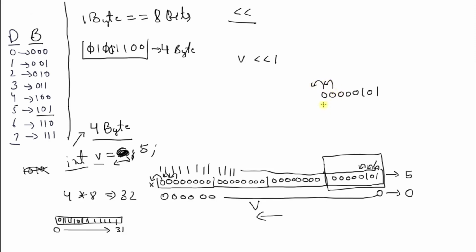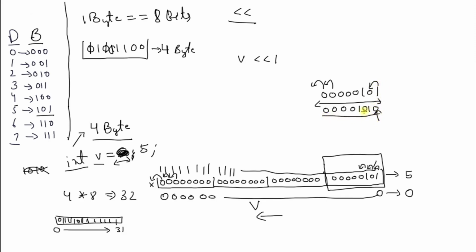So the left shift of 1 on this binary representation produced this: 0 0 0 0 1 0 1 0. Remember I told there will be an empty space after this 1 gets shifted here. So this empty space is getting filled with 0 here. So this would be the result.